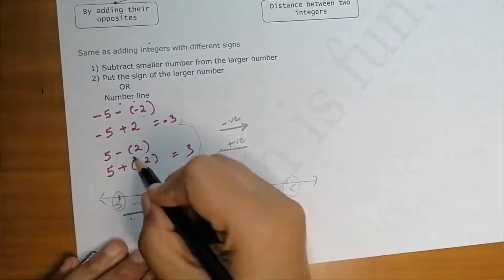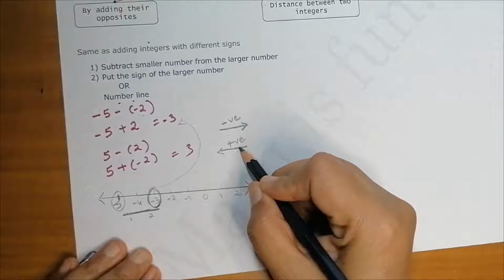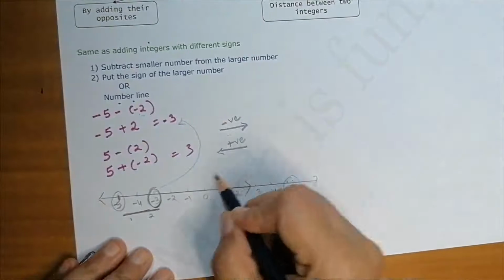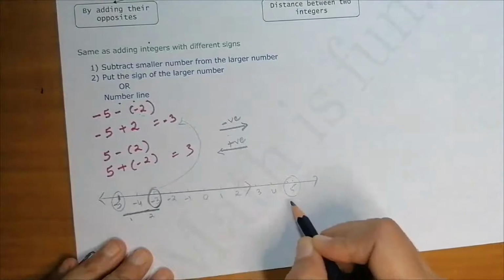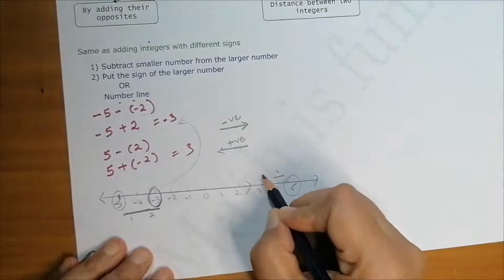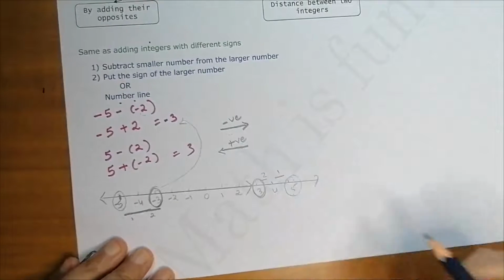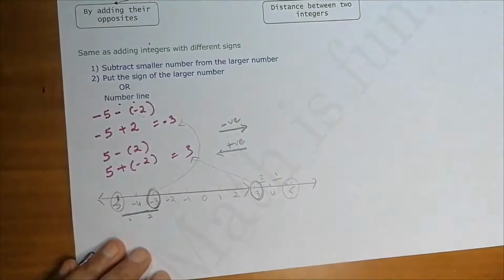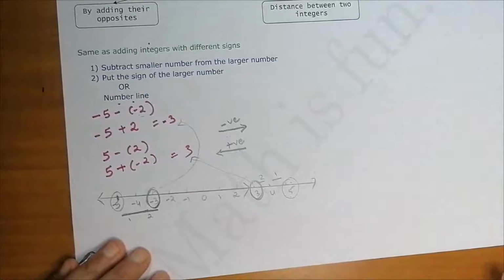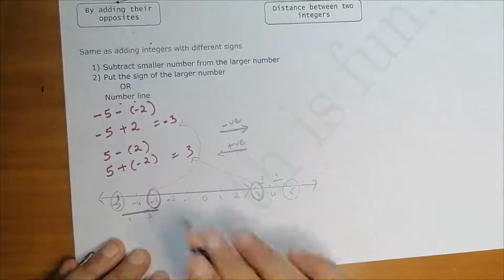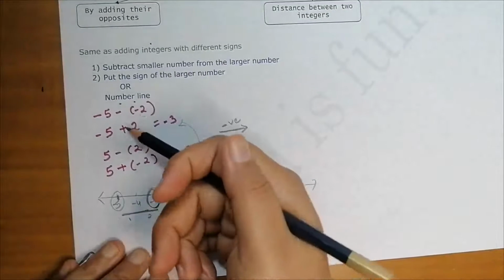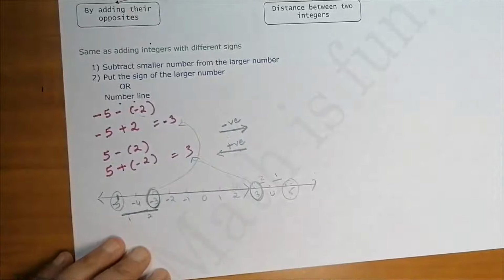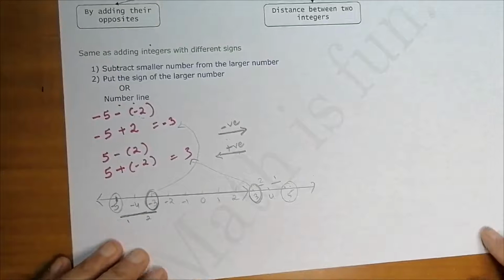Then it says -2, so subtracting a positive number, you go 2 steps to the left. This is 1 and this is 2. So here you get 3, which is the same as this. This is how we do subtracting integers by adding their opposites. You reverse the sign here, and that's what is being done. Hope it's clear, easy, right?